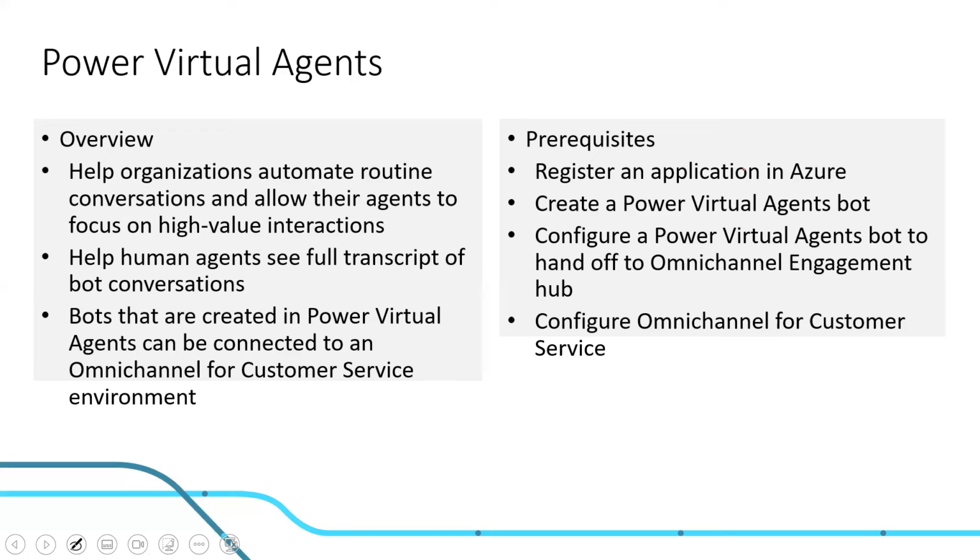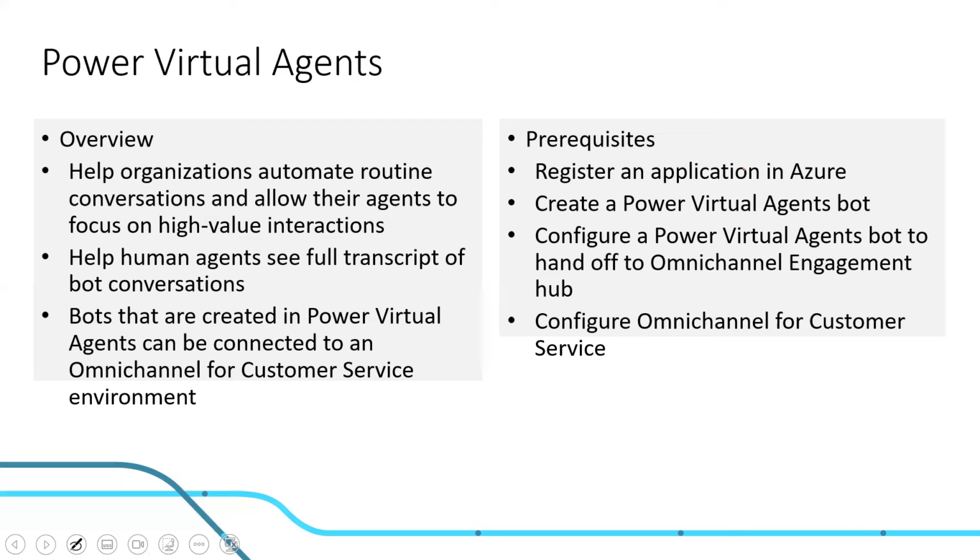Then we need to configure that bot to hand off the conversation to the omni-channel application, and then configure omni-channel for customer service accordingly. Once these prerequisites are completed, only then can the call be transferred to the respective agent. So that is what we have inside this section on working with the Power Platform scenario.